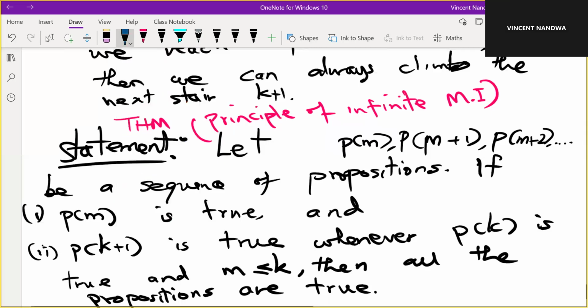So this first one is called the basis. This one is called basis step. And all this combined is called inductive step. So this basis step and then this inductive step.